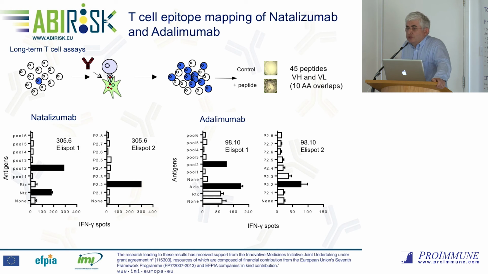Just to conclude my talk, I will show you very briefly some data with other antibodies. We also succeeded in deriving T cells specific for natalizumab and adalimumab, and so you can see here the response for one particular peptide, and it's also here.